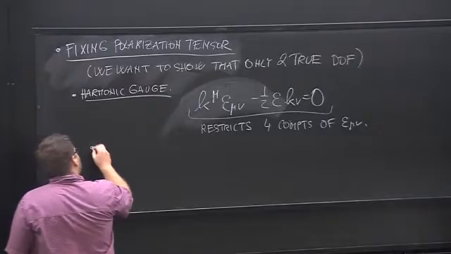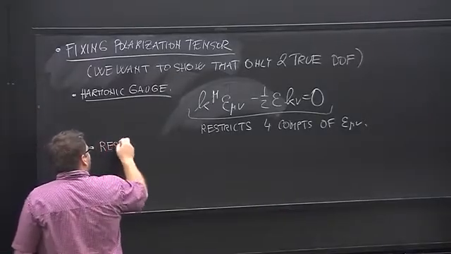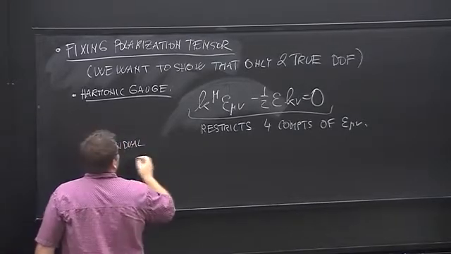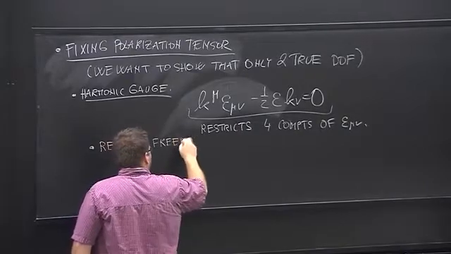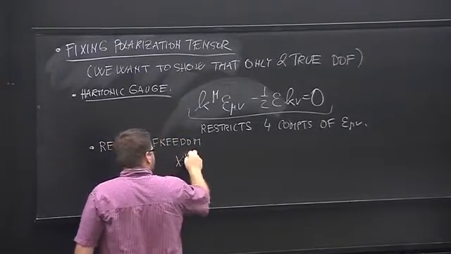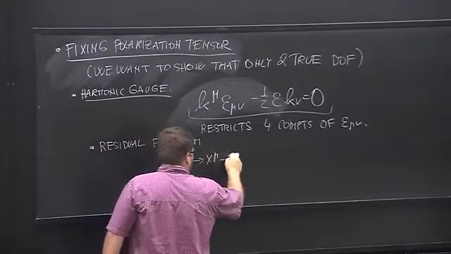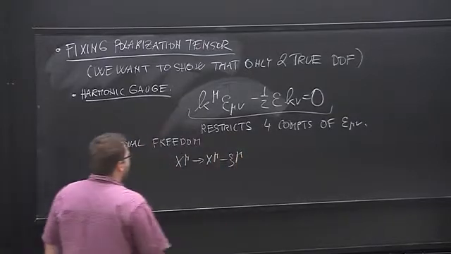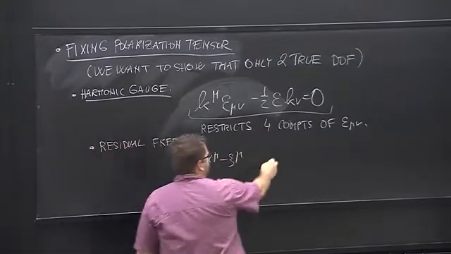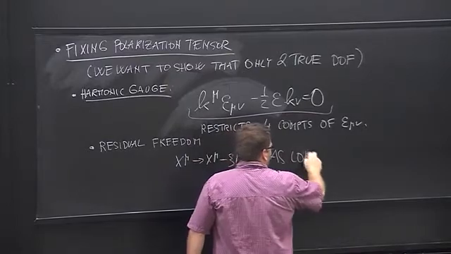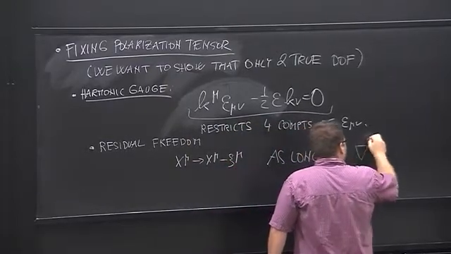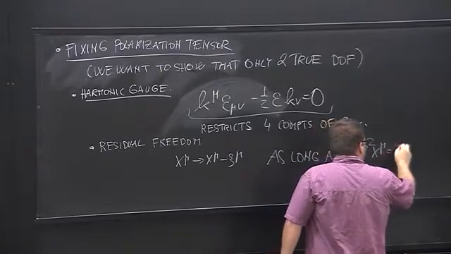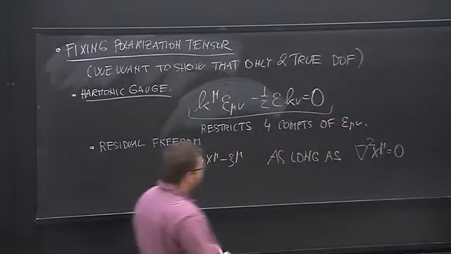So then there is still a residual freedom. You can still do x^μ to x^μ minus ψ^μ, as long as ∇² x^μ = 0.